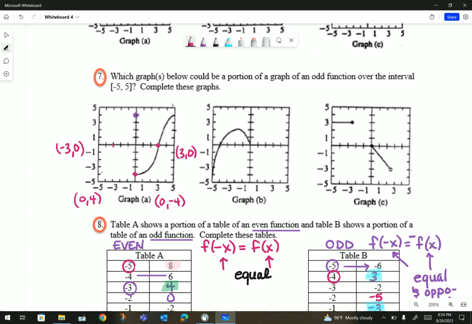So negative 3, comma 0 goes there. Let's do this point. That is 1, 2, 3, 4, 5, comma 4. So the opposite value would be negative 5, negative 4. So let's go negative 5, negative 4, and put a dot right there.